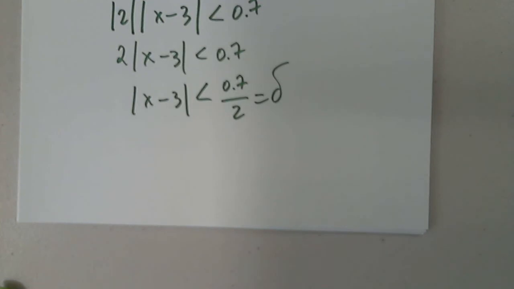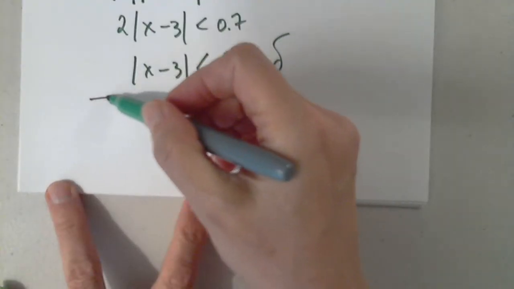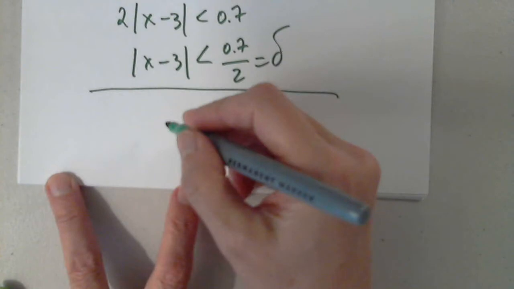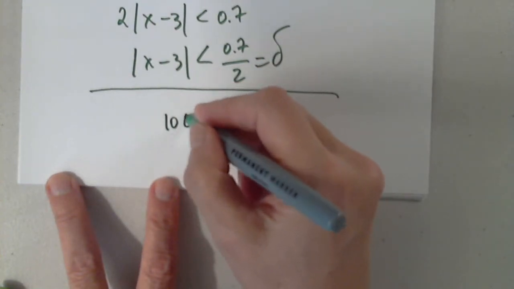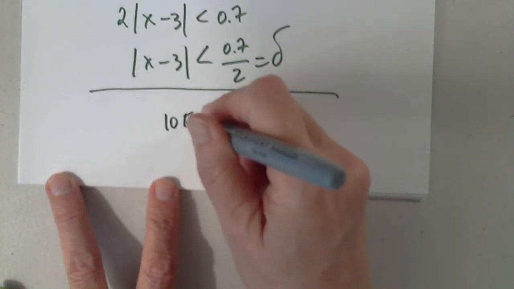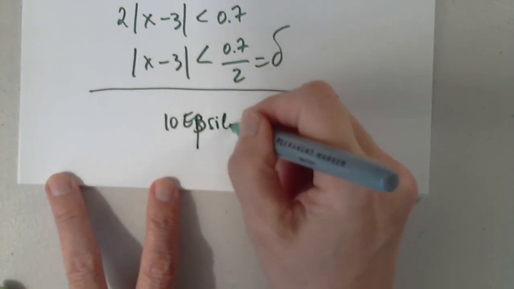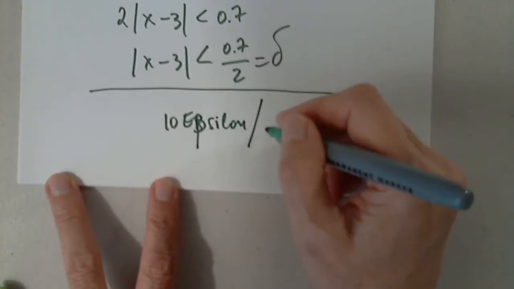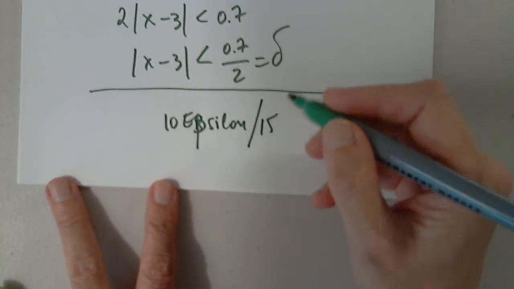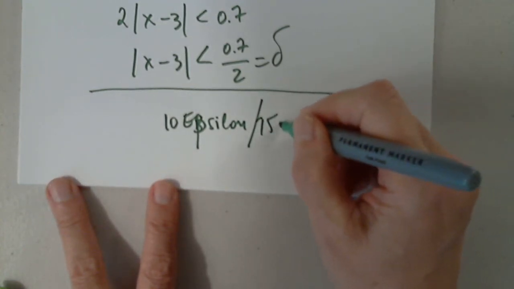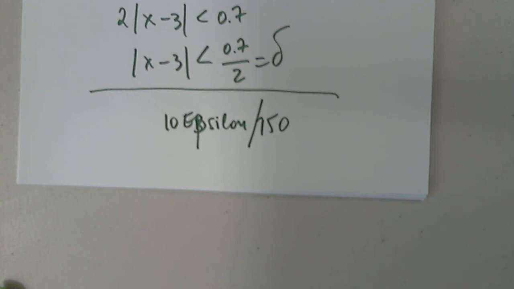The same idea for question number 2, but for question number 2, epsilon is not given. So the answer has to be written something like this: 10 epsilon, with uppercase E but lowercase p, epsilon, let's say, over 15, or 30, or 150.